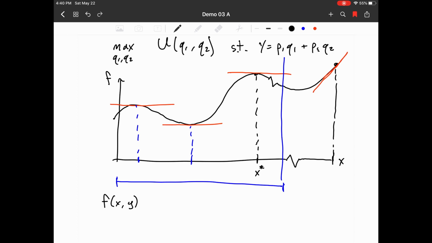So we're trying to find some x star y star that maximizes f.